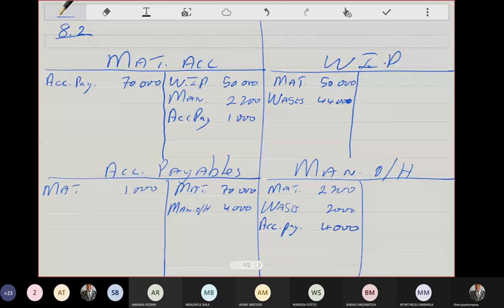Yes, we appreciate that. Cost of goods completed during the year: direct materials 46,000, direct labor 38,000, manufacturing overheads. They say you need to calculate that on your own. Let's first do the manufacturing overheads absorbed, because we were given that we absorb our manufacturing overheads at a rate of 30% of direct labor cost. That's how we are going to allocate the overheads to our production. We use that 30%.